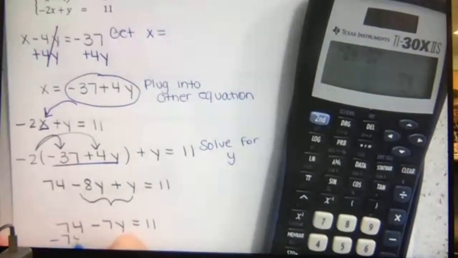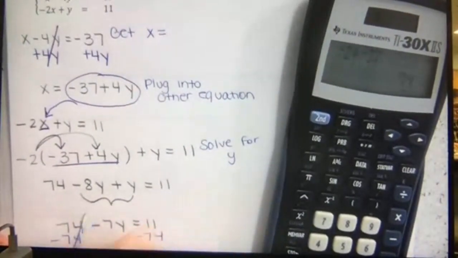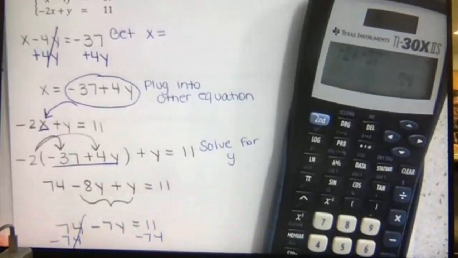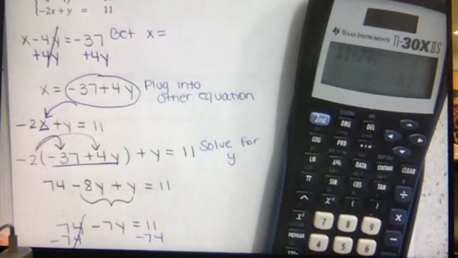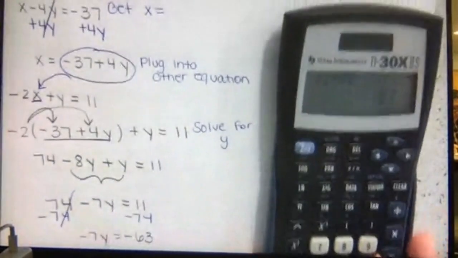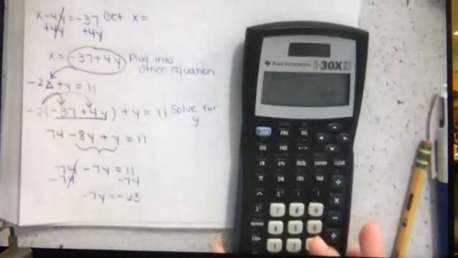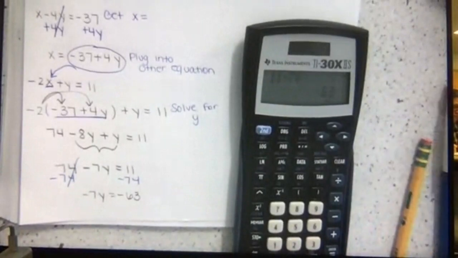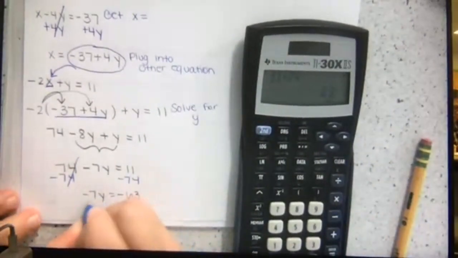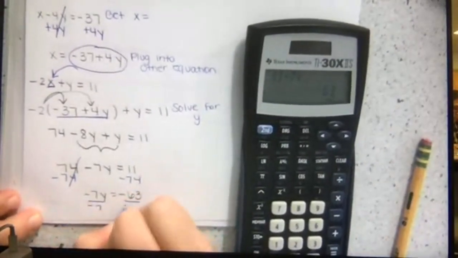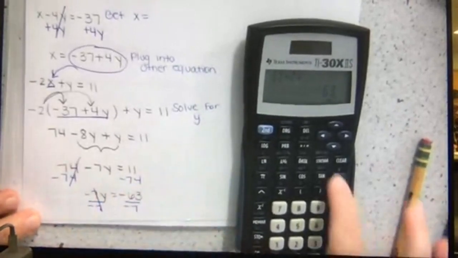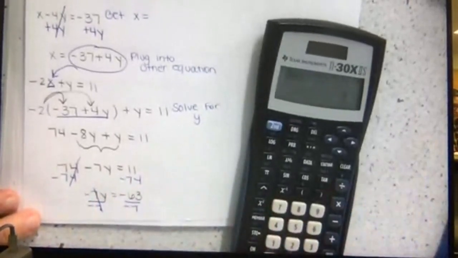Getting y by itself, we subtract 74 from both sides. So -7y equals 11 minus 74, which is -63. Then getting y by itself, -7 times y, so I can divide both sides by -7. And we're left over with y equals 9.